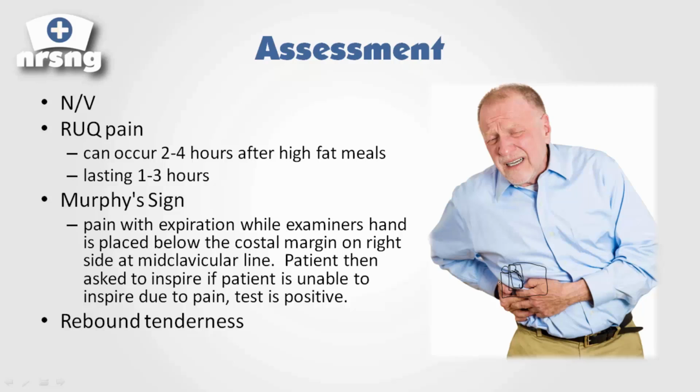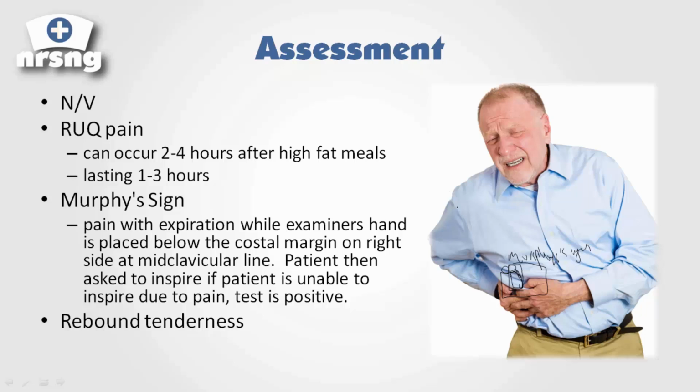They won't even be able to breathe because the pain is going to be so great. That's known as Murphy's sign. So with this nausea, vomiting, right upper quadrant pain after high-fat meals, and Murphy's sign, we have a pretty good indication that our patient is most likely experiencing cholecystitis.